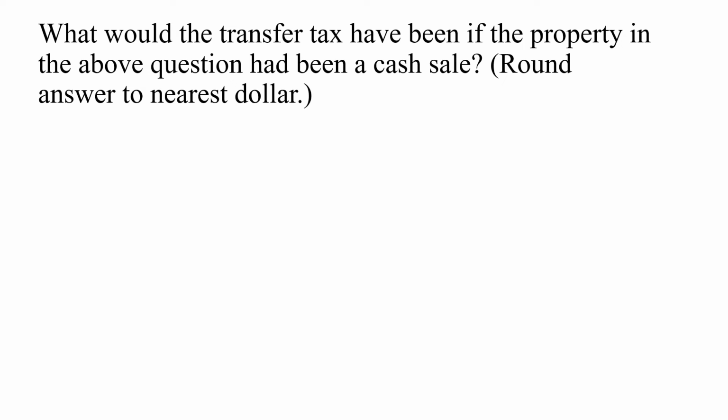What would the transfer tax have been if the property in the above question had been a cash sale? Well, that property sold for $158,200. The transfer, remember, was per 300, and it was 75 cents.